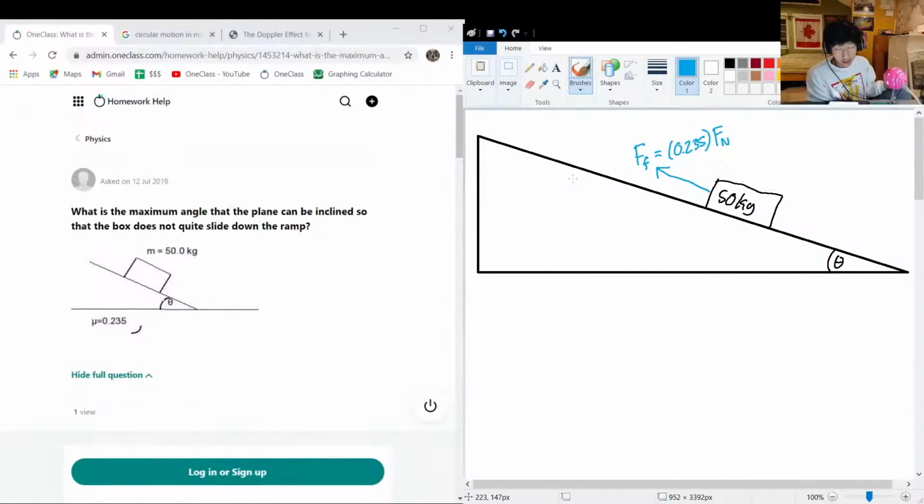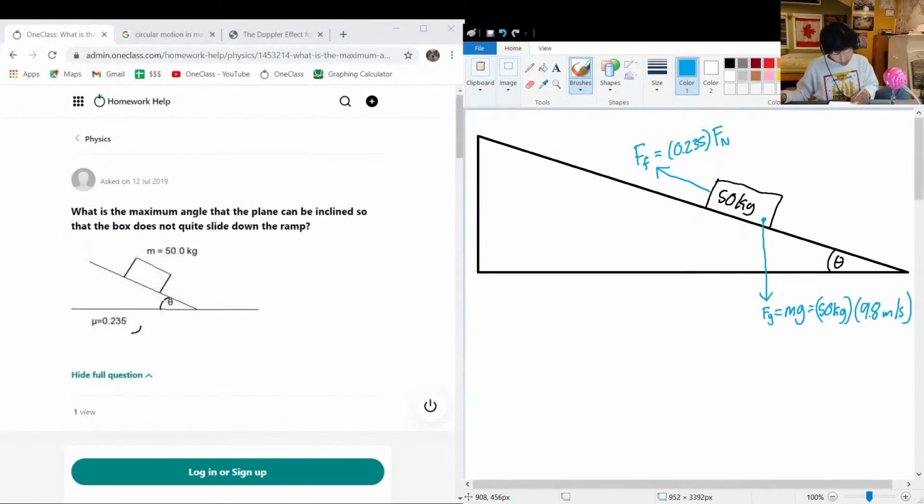Okay, and another force that is definitely going to be here is the force of gravity, which is going to be straight down. So that's Fg. And that is equal to mg, which is equal to, what's the mass? The mass is 50 kilogram. Multiply that by 9.8 meters per second squared.